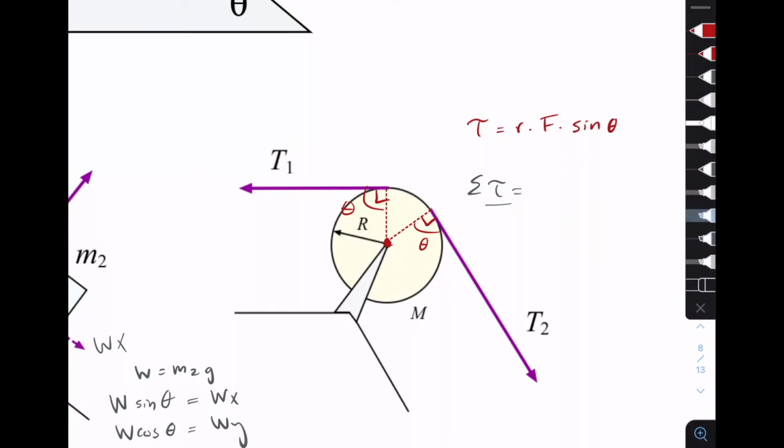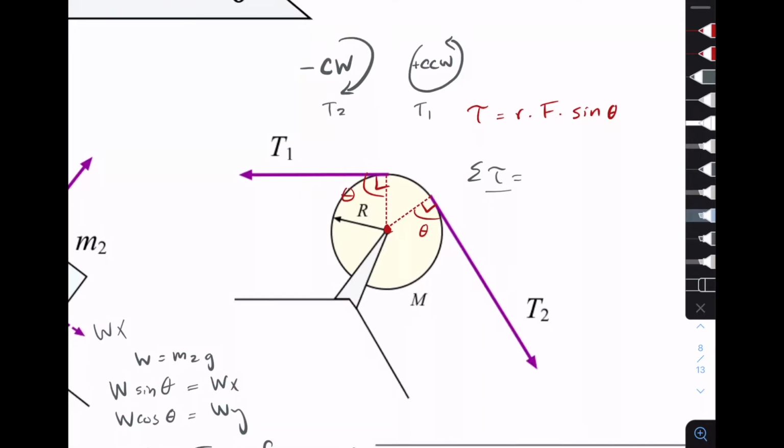For a torque, if we rotate clockwise, that is a negative torque, and if we rotate counterclockwise, that is a positive torque. In this case, clockwise rotation is going to be T2, because that's going to cause it to move clockwise, and counterclockwise rotation is going to be T1 over here.